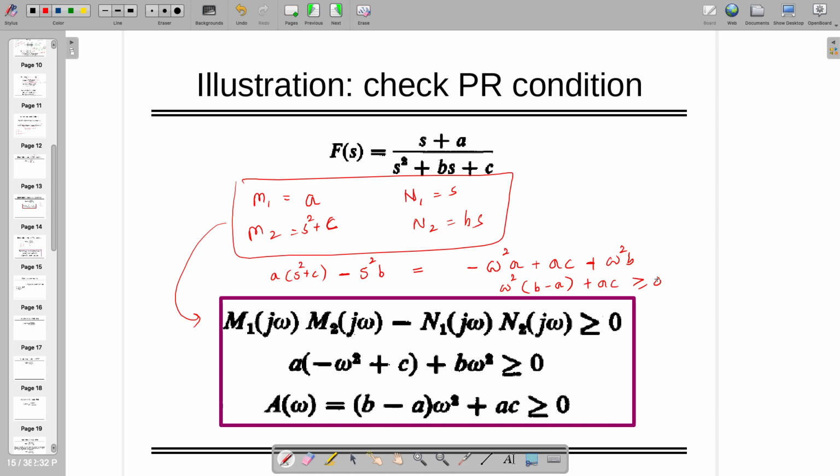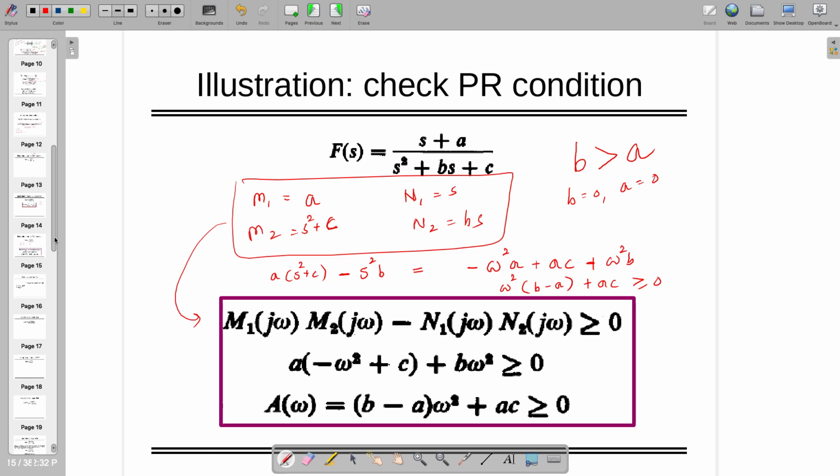So if b is lesser than a, then this function will not be a positive real function, and it's not realizable. So b has to be greater than a, or if b equal to 0, then a should be equal to 0, right? If b equal to 0, then a also should be equal to 0 to realize this circuit, right?